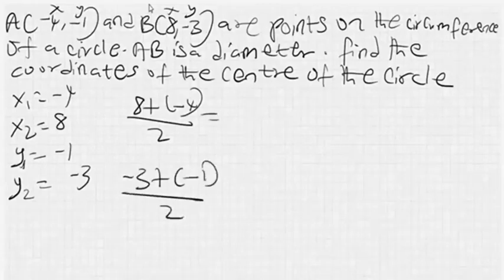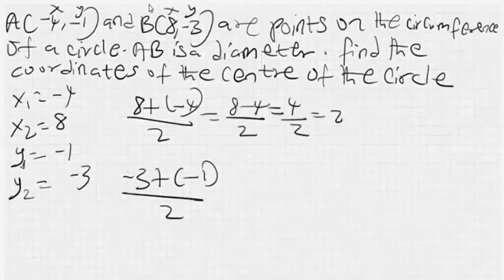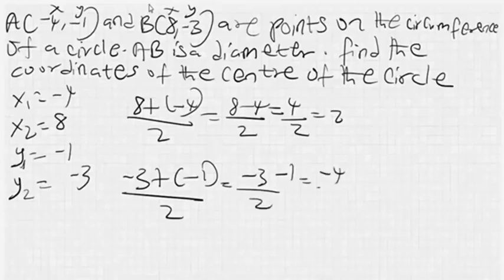So when you simplify it, plus times minus gives us minus. This is something like 8 minus 4 over 2, which is 4 over 2, which is 2. This one is -3, now plus times negative gives us negative. This thing is something like -3 minus 1 over 2. -3 minus 1 is -4 over 2, which gives us -2.